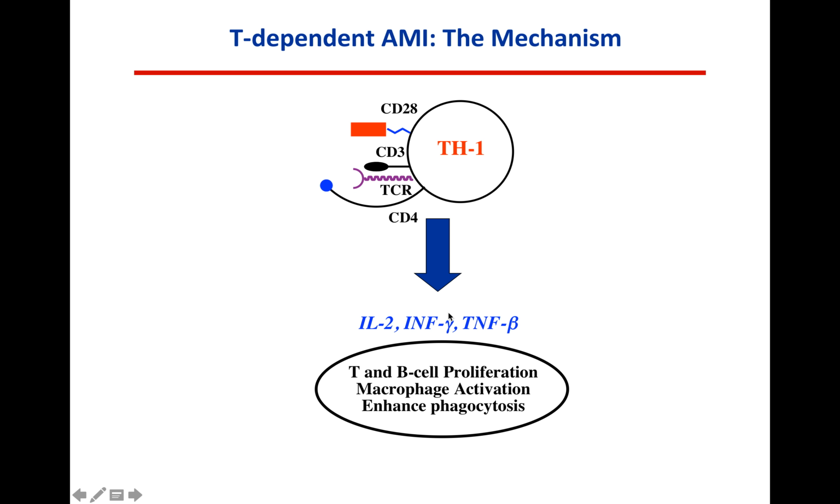These three molecules, IL-2, interferon gamma, and TNF beta, are really strong activators of the immune response, and they'll activate particularly macrophages and B cells.